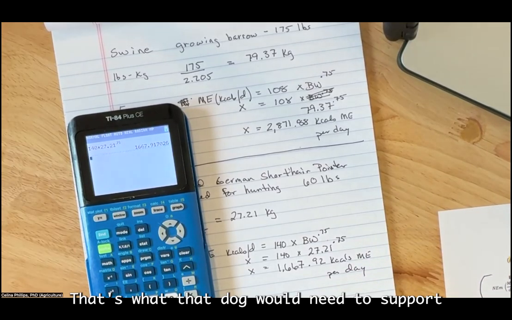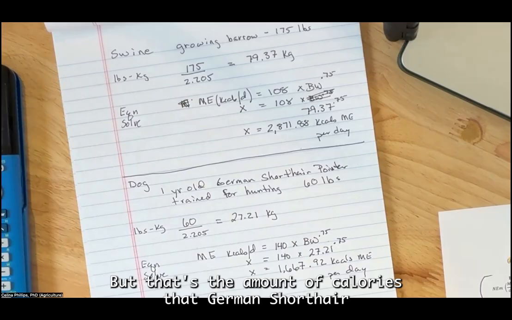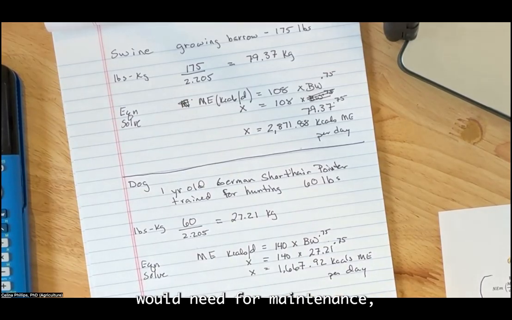That's what that dog would need to support just life, not to go above and beyond that. But that's the amount of calories that German Shorthair would need for maintenance. So these aren't too bad.